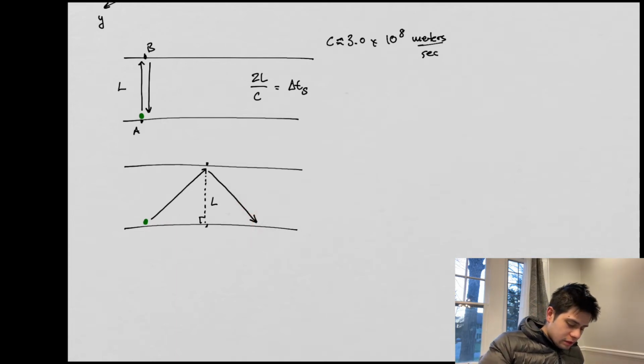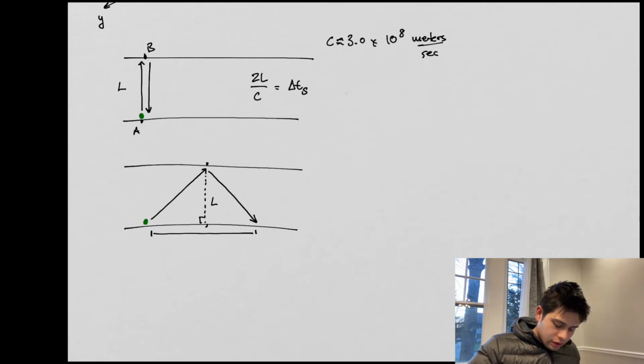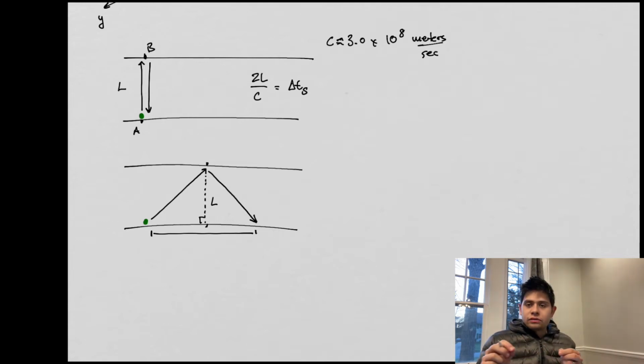The distance between here and here is going to be the rate times the time, right? So the rate of the particle, it's traveling in the x direction. There's a little bit of it traveling in the x direction now.